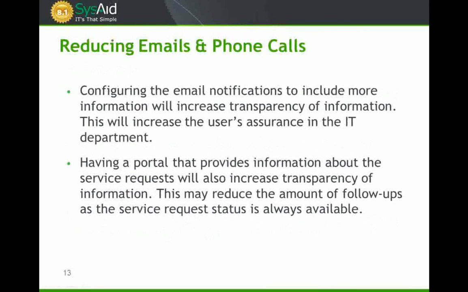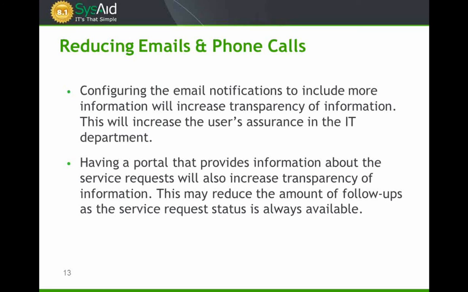Okay, so to sum up, I showed you how email notifications help you increase transparency. The user could get more information that is more relevant to them. If you do that with HTML and make this a little prettier, there's a greater chance that they will actually read those emails. So that's another advantage.